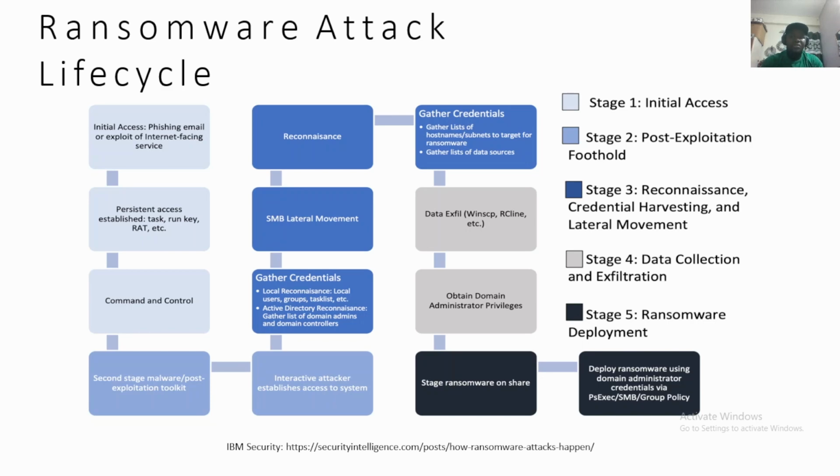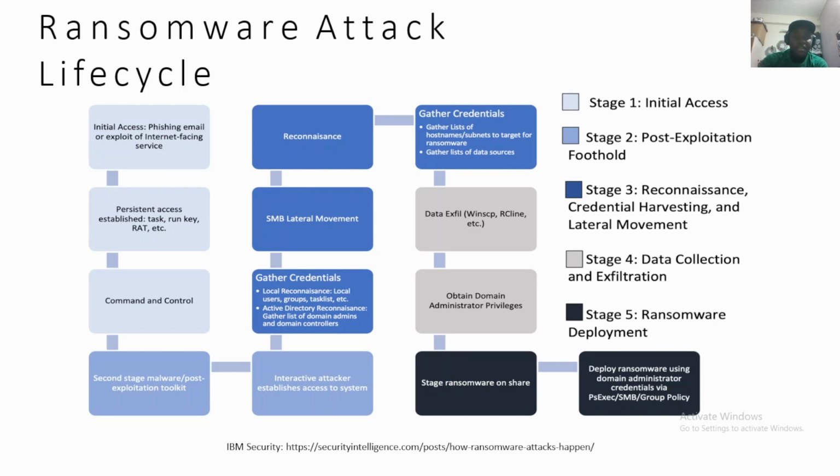The second stage is your post-exploitation footholds. From there, the attacker will try to stage all the exploitation toolkits, and then they'll move into stage 3, for reconnaissance, credential harvesting, and lateral movements. After that, they'll move into data collection and exfiltration, because that's what they are here for.